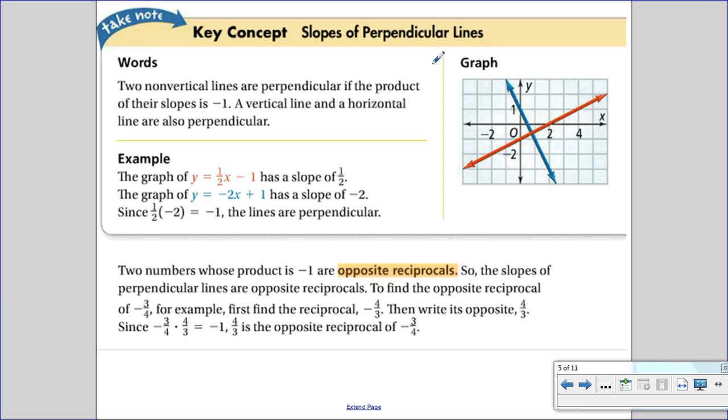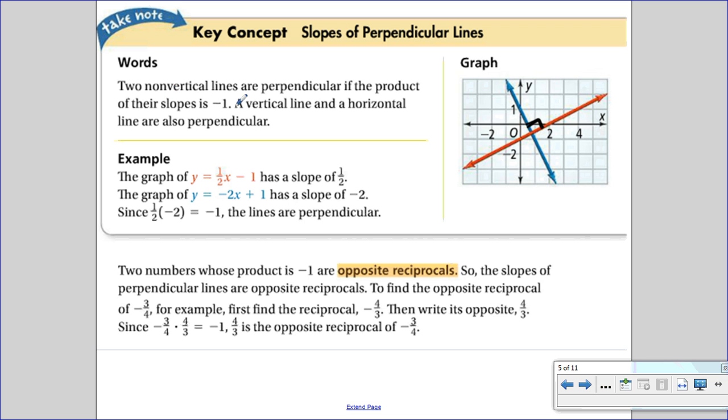Next up is perpendicular. So perpendicular lines are two lines that intersect and they form a 90-degree angle. Okay, they make it like a perfect corner. Those are perpendicular lines. So perpendicular lines have slopes that are what we call opposite reciprocals.